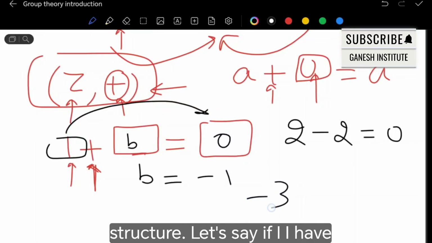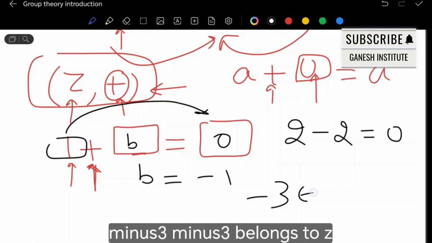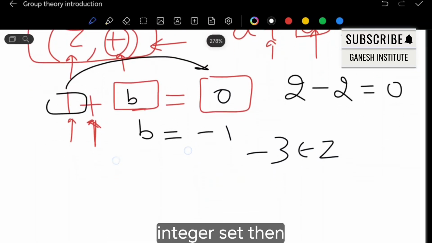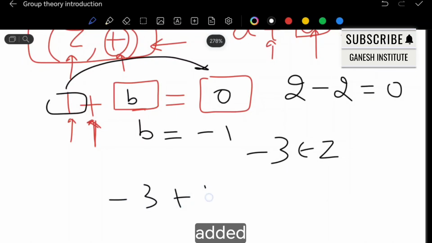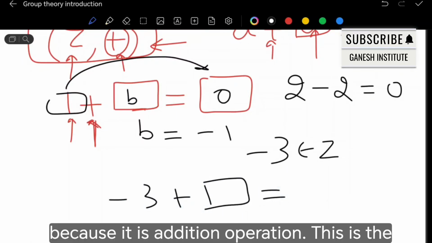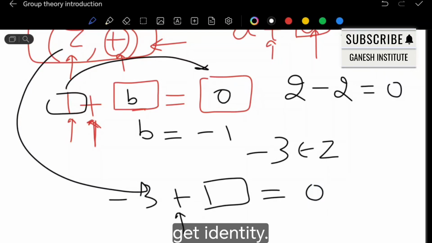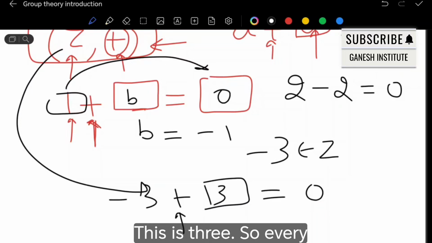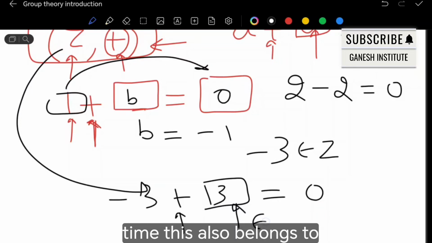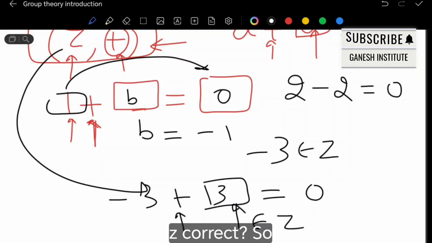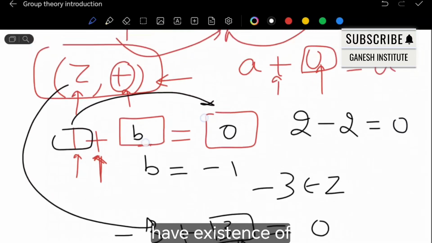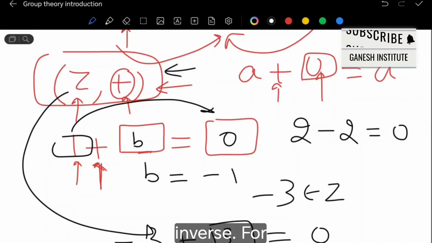Let's say if I have -3 belonging to Z, the integer set, then what should be added? Because it is the addition operation, to get the identity we add 3. And this also belongs to Z, correct? So that means we have existence of inverse for Z plus.